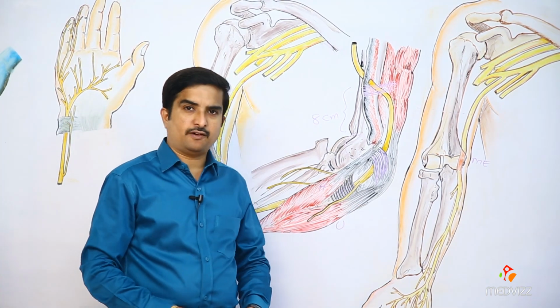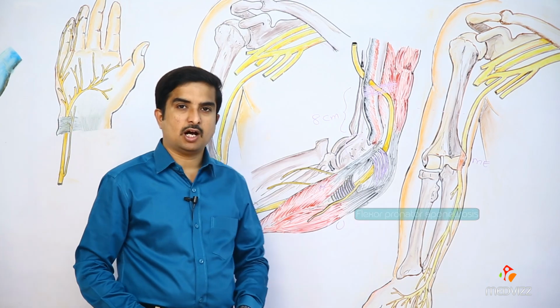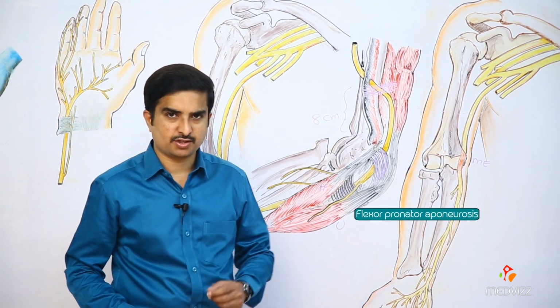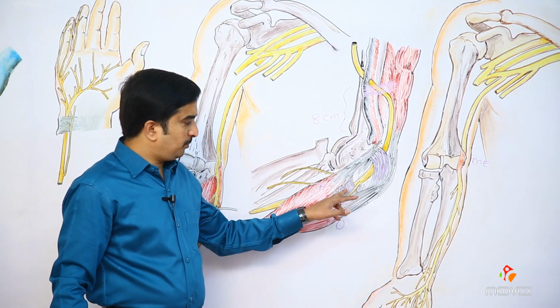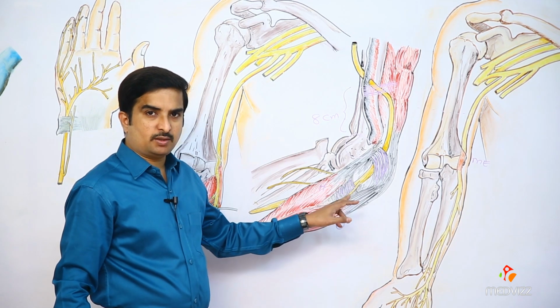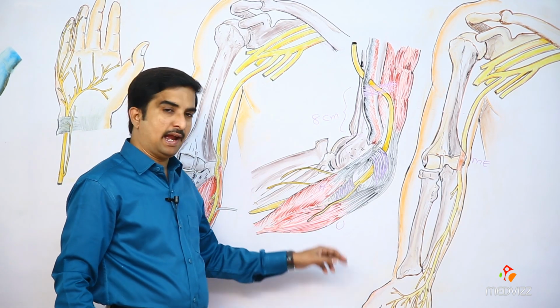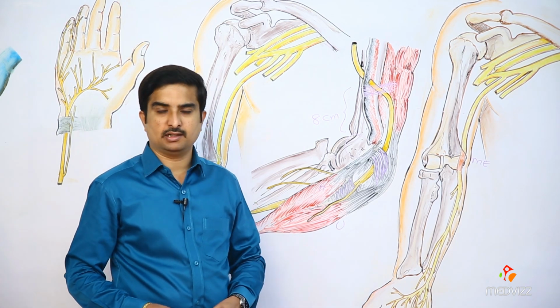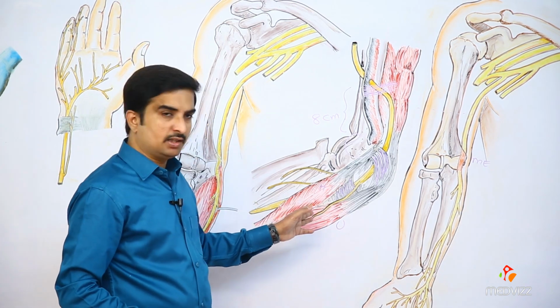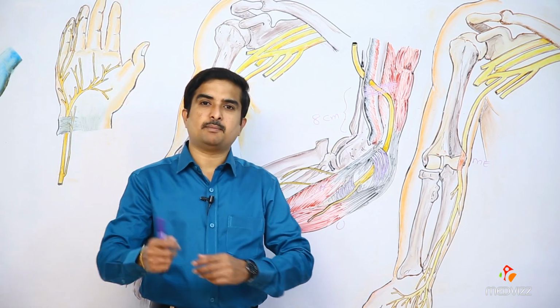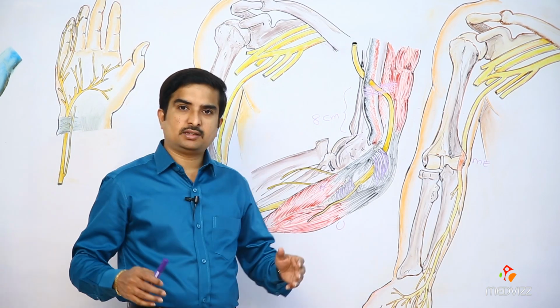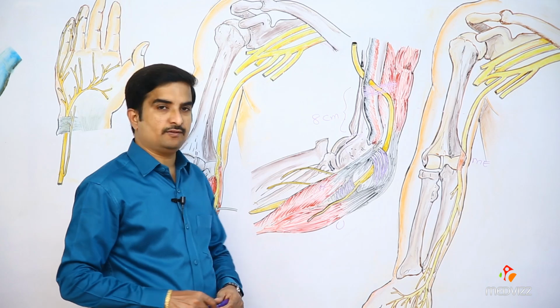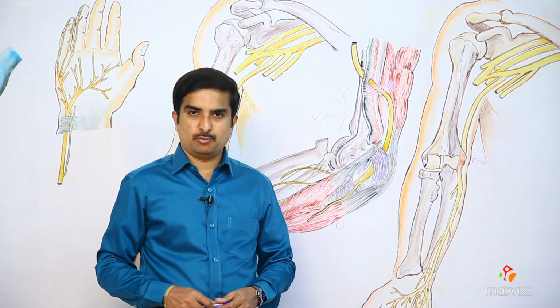These aponeurotic fibers are called the aponeurosis flexor pronator. So deep to the aponeurosis flexor pronator, which is connecting the humeral head and the ulnar head of the flexor carpi ulnaris, it passes deep to it to reach the anterior compartment of the forearm. This is how you will see the course of the ulnar nerve at the elbow, right?